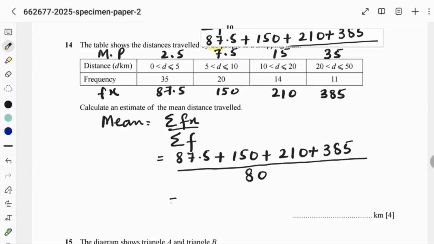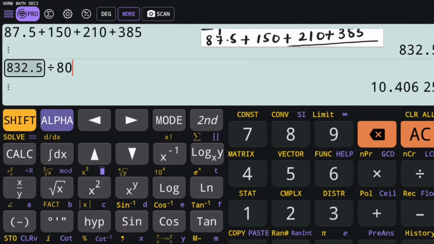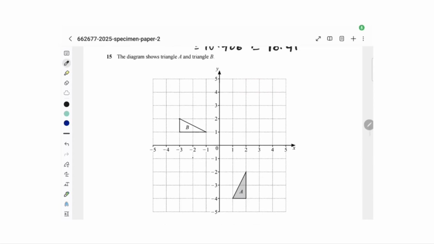Then 832.5 divided by 80 is 10.406, which is approximately 10.41.